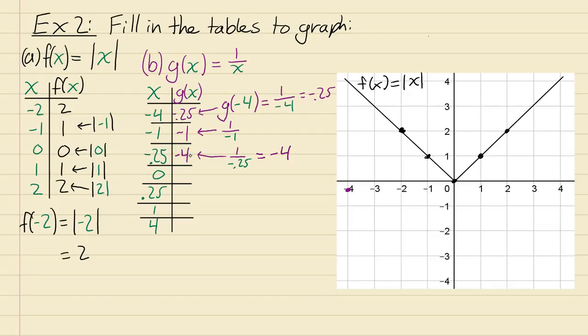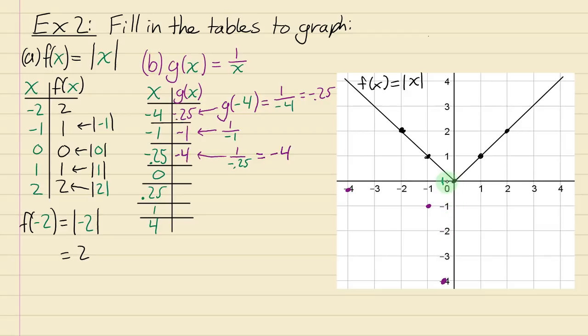So let's see how that looks on the graph. Already have this point, we have -1, -1, and then when x is -0.25 here, the y came out to be -4, which is about here. And in general, what will happen if x is closer and closer to 0, the result here is going to be 1 divided by a smaller and smaller negative number.